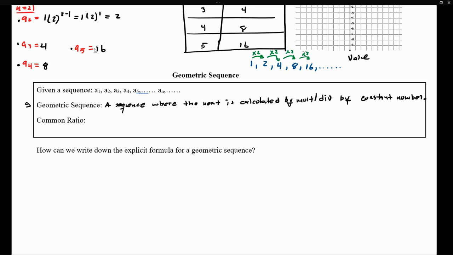So if your sequence has the same pattern, and that pattern is either a multiplication or division by the same number, then we can call that kind of sequence a geometric sequence.